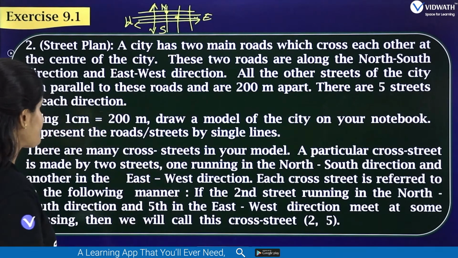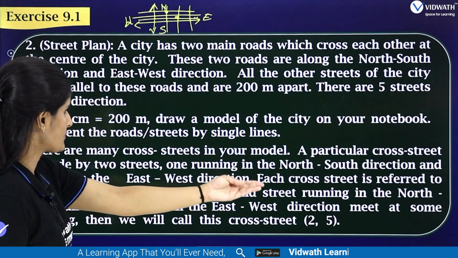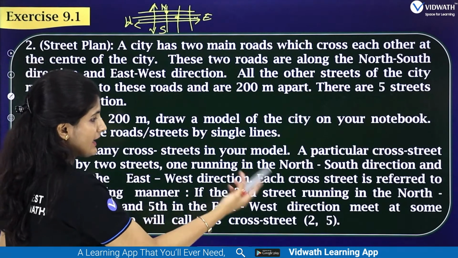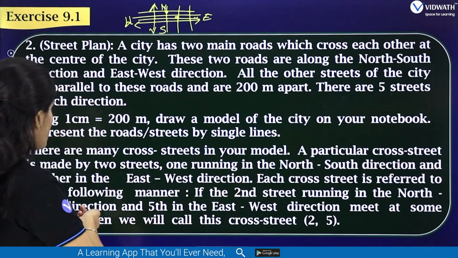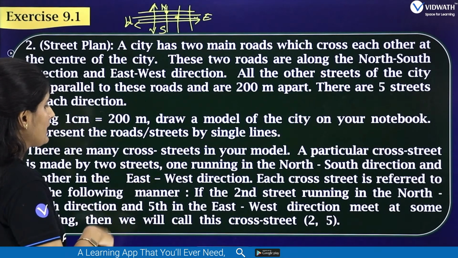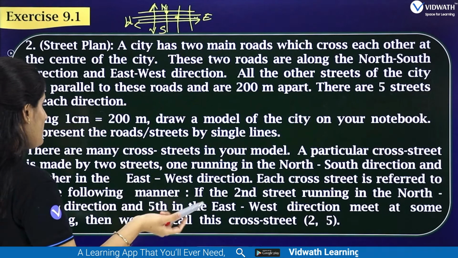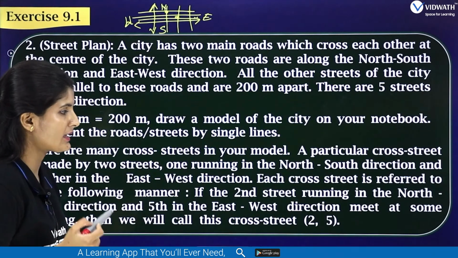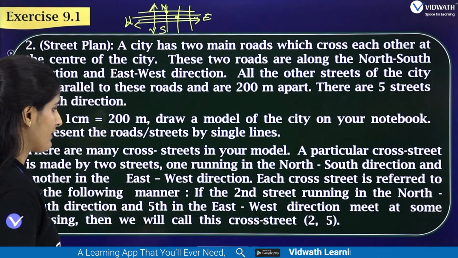Each cross street is referred to in the following manner. If the second street running in the north-south direction and the 5th street in the east-west direction meet at some crossing, then we will call this cross street 2, 5.